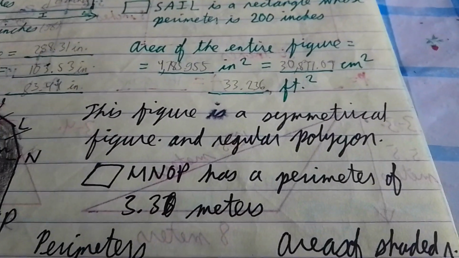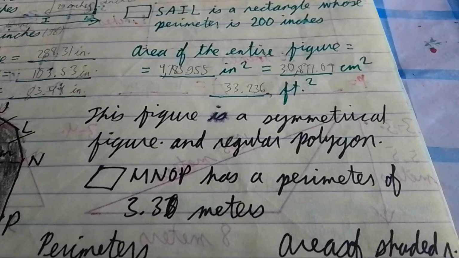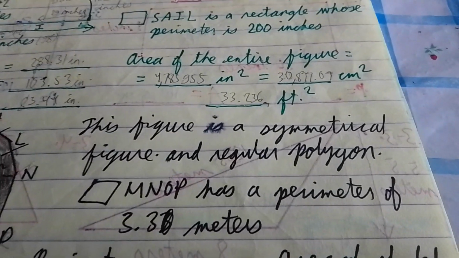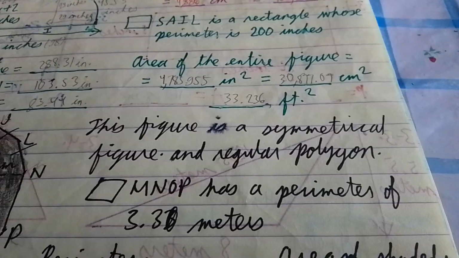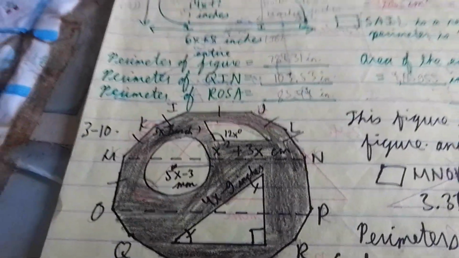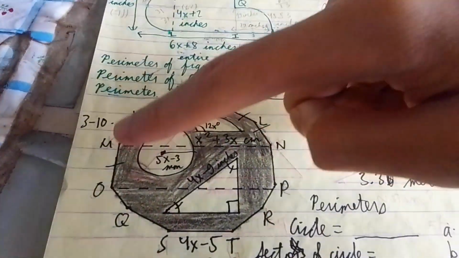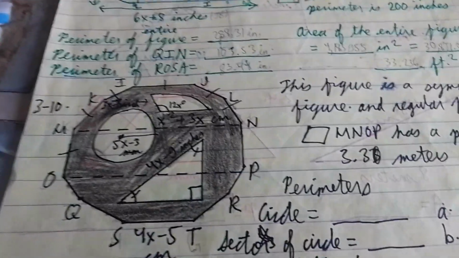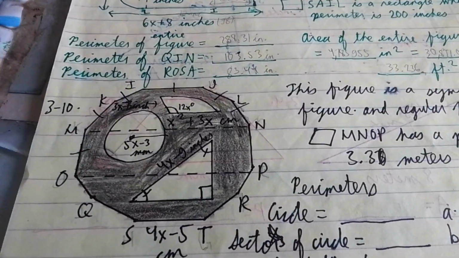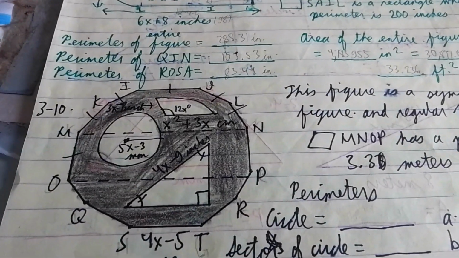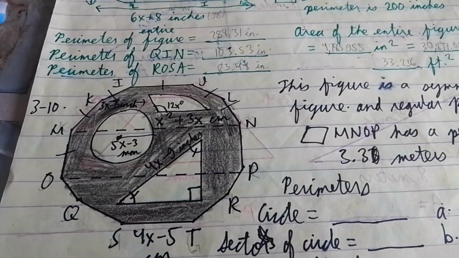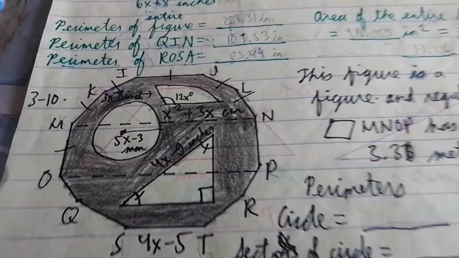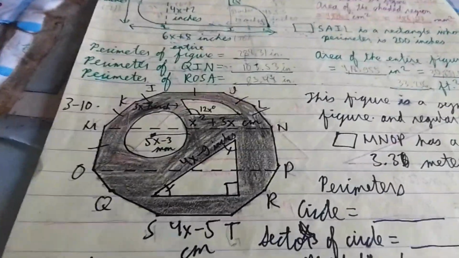And then it says that quadrilateral MNOP has a perimeter of 3.3 meters. So it's like this. Remember, this is MNOP. It has a perimeter of 3.3 meters. But we do not know the measure of one of the sides. However, there's a clue.